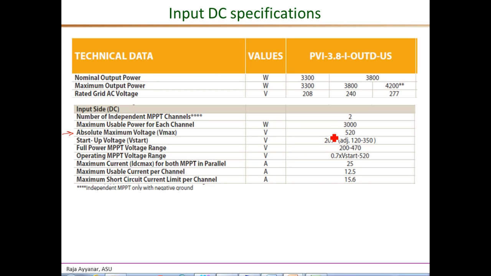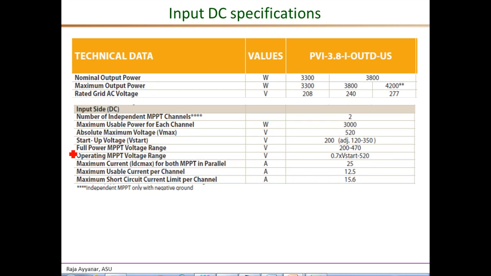We know that the open circuit voltage has a negative temperature coefficient. Therefore, the highest voltage occurs at the lowest temperature. So at the lowest expected temperature at a given location, the open circuit voltage of the combined string should not exceed 520 volts for this inverter.